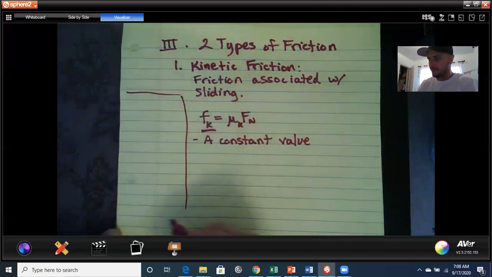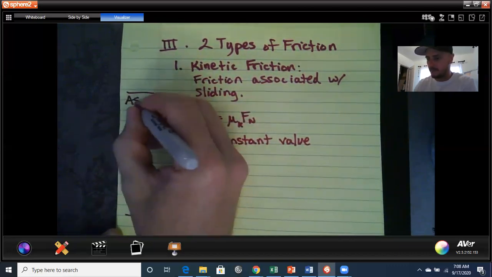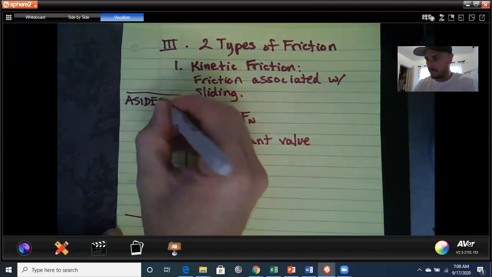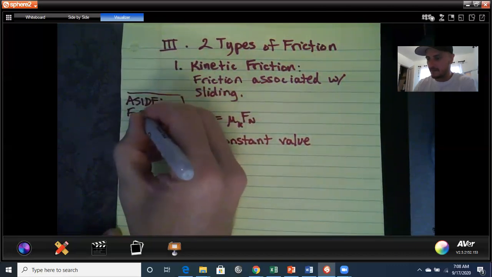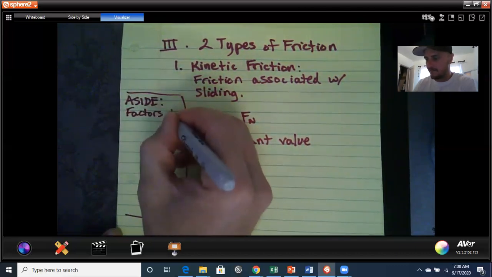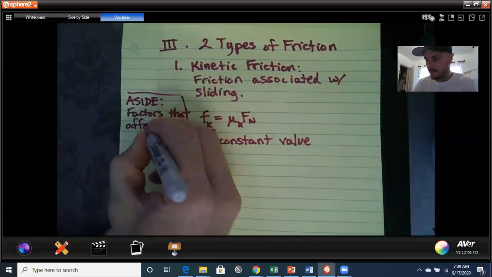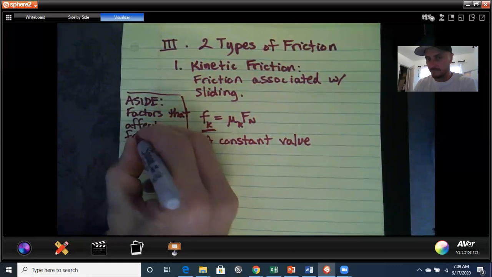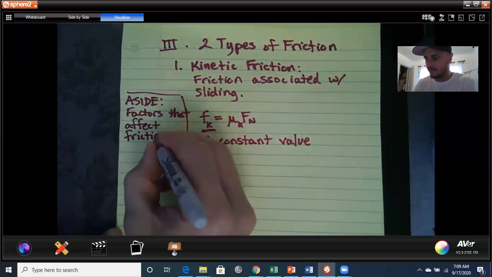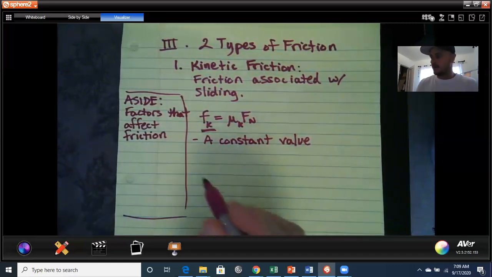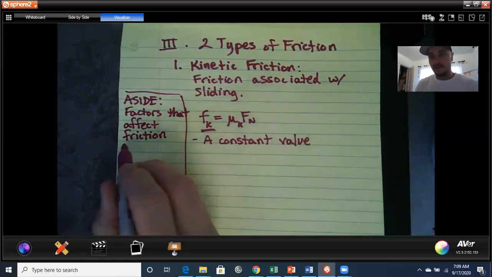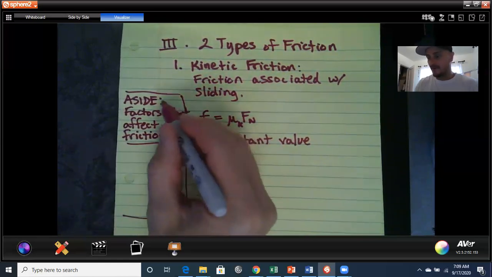Yeah, that looks good to me. Aside. Factors that affect friction. This led me to realize we didn't talk about that, and that's very important.